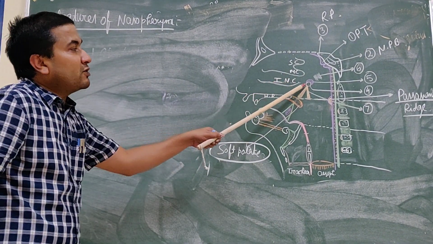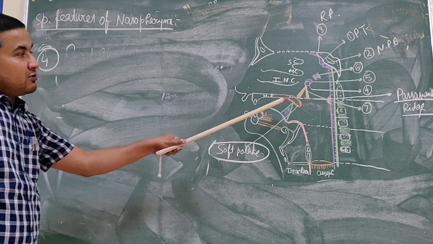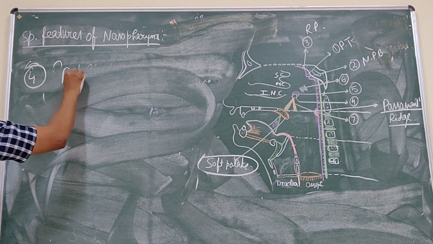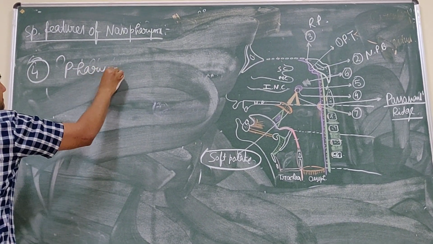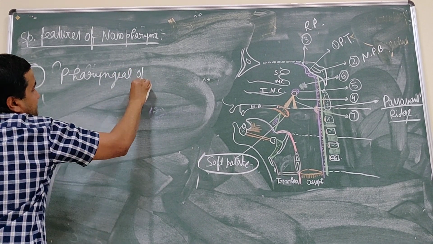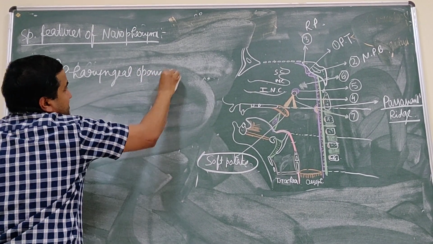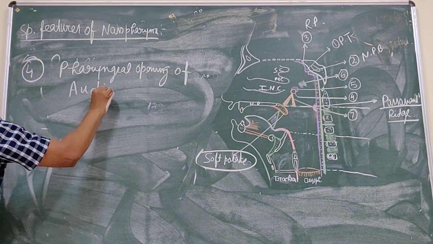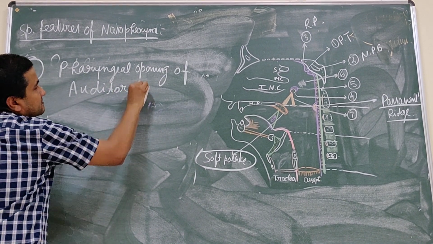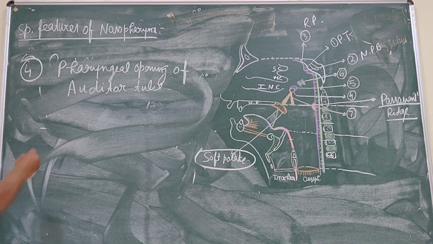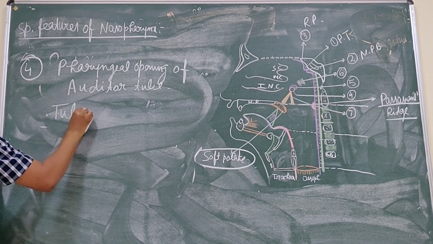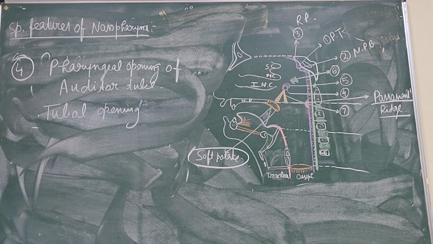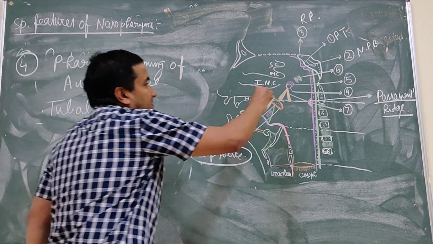Now, there is an opening in the lateral wall of the nasopharynx, the pharyngeal opening of the auditory tube or eustachian tube. That is known as the tubal opening, structure number 4.